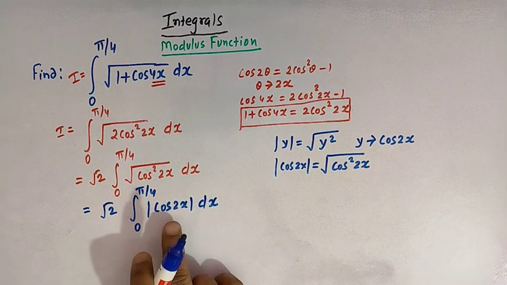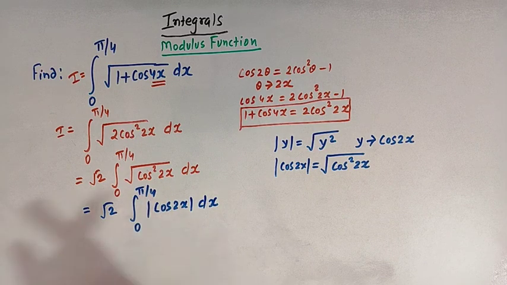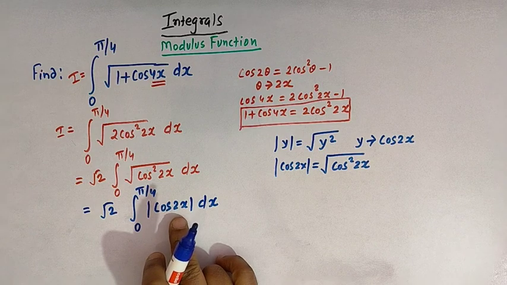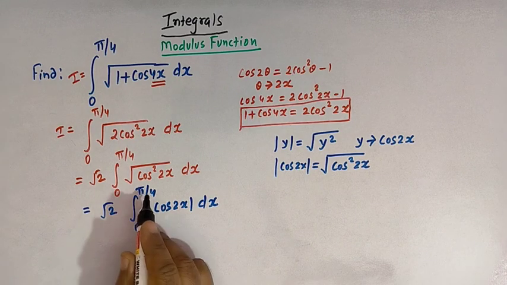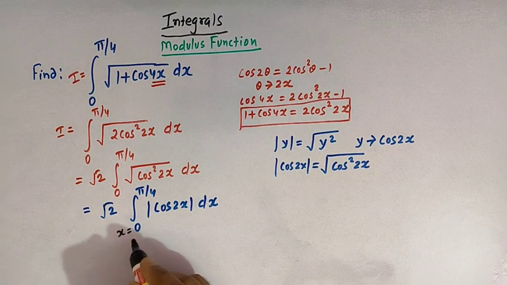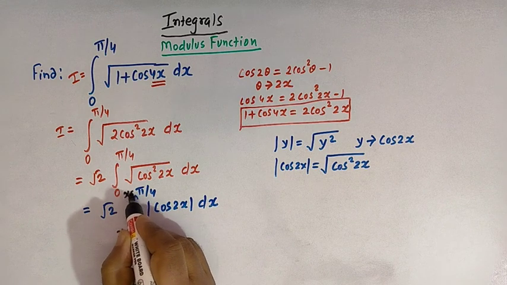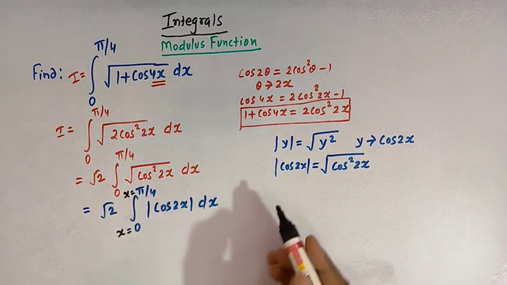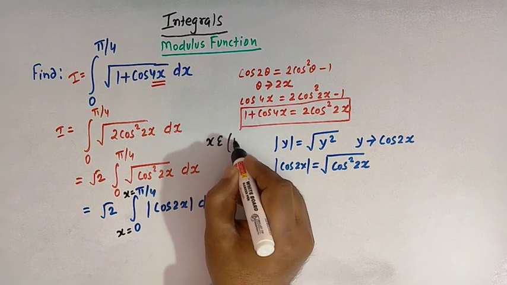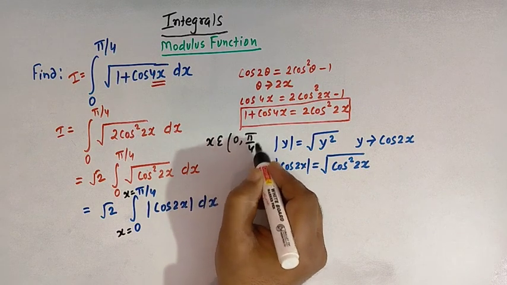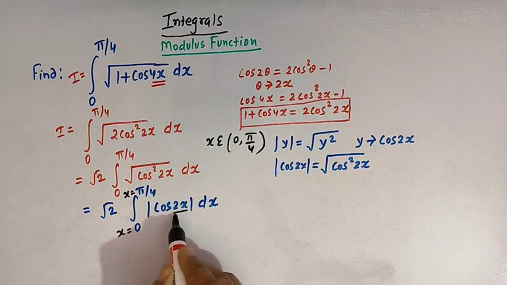Now we have to apply again some concepts from trigonometry. Let us first concentrate on the limits. Here limits vary from x is equal to 0 to x is equal to pi by 4, so x belongs to 0 to pi by 4. And here we have the angle 2x, so we have cos of 2x.